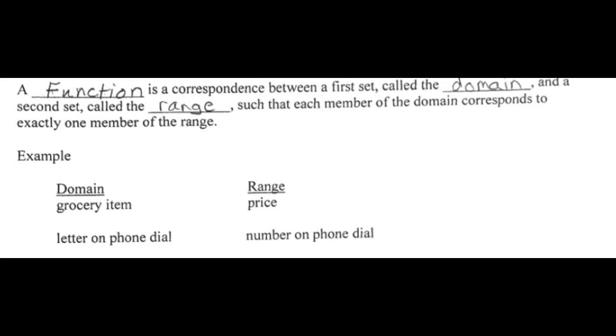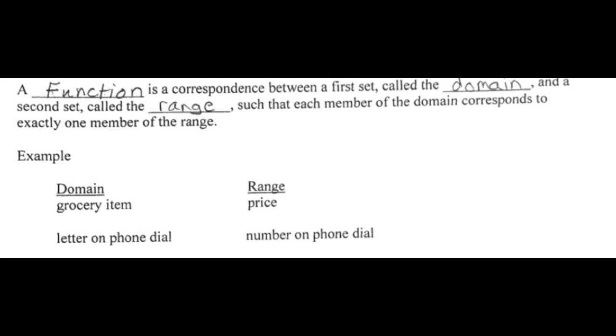If you were in the checkout line and you rang the milk up and 1 gallon cost $1.50 and another gallon cost $2, you'd have a problem with it. If you're ringing up your groceries, you expect a gallon of milk to be associated with one and only one price. A function makes a lot of sense.